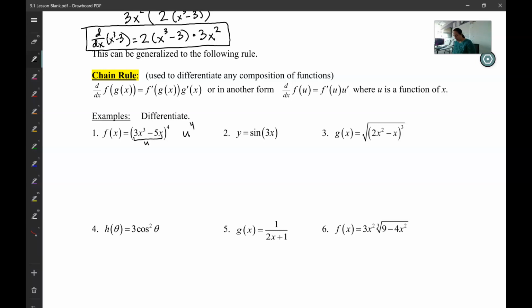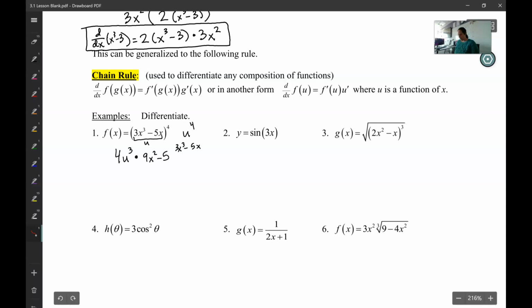So the derivative of my mommy function is 4u cubed. Then you multiply by the derivative of the baby. Well, my baby function is 3x cubed minus 5x. So I'm going to multiply by the derivative of that, which would be 9x squared minus 5.